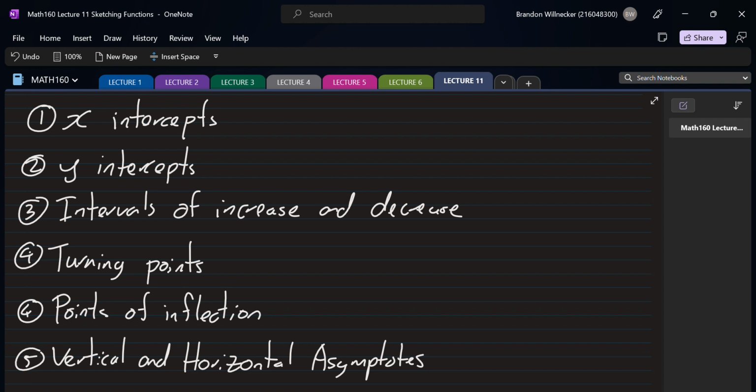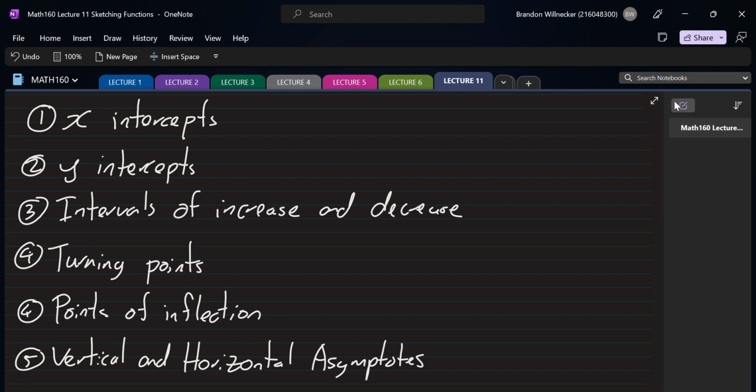These are just the basic things that we'll use. There might be more, there might be less, but if you can remember these, then that should be enough to answer the questions. Most of the time this list will suffice.